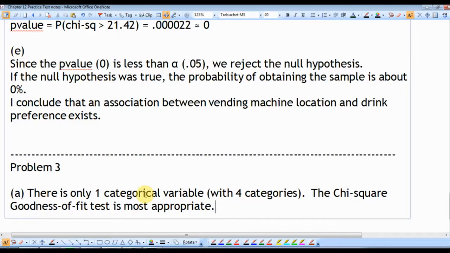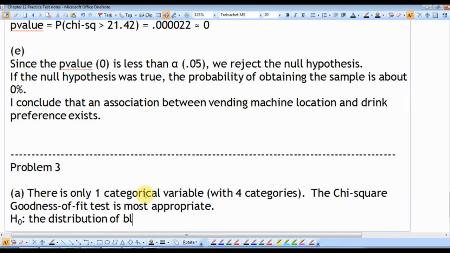Write a pair of hypotheses that can be used. Null hypothesis. The distribution of blood types at the agency.